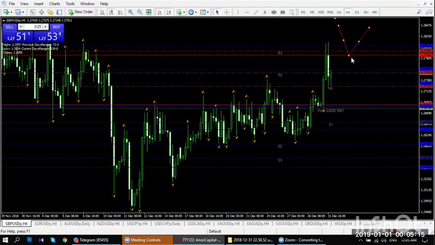Excuse me, we can do two things. On the red line that you have drawn, we can put a sell stop, and if it goes further than that, no, don't put a sell stop here, so that the price can widen.